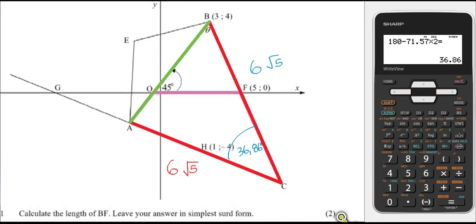So the area of this big triangle. So I'll say area, I'll just say big triangle is half the two sides, 6 root of 5, and then times by 6 root of 5, and then times by sine.